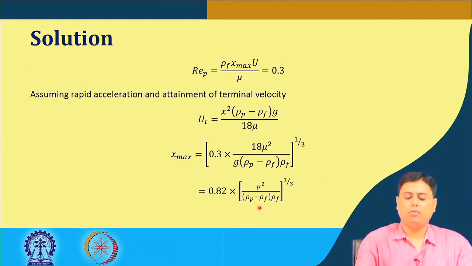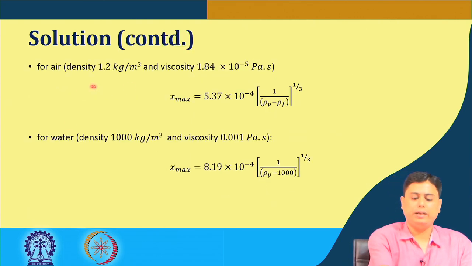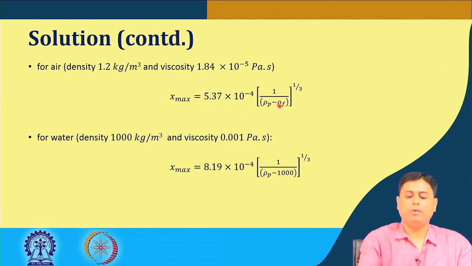Now here, for water and for air, we replace this rho f and the mu to get the expressions for, let us say, the air. This is the expression where rho f is 1.2, and in this case rho p is directly mentioned as 1000. So from both these expressions we can plot the graph of x versus rho p.